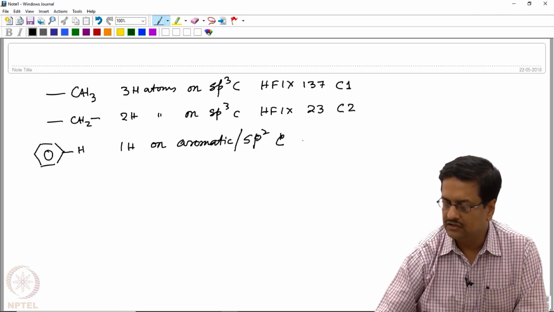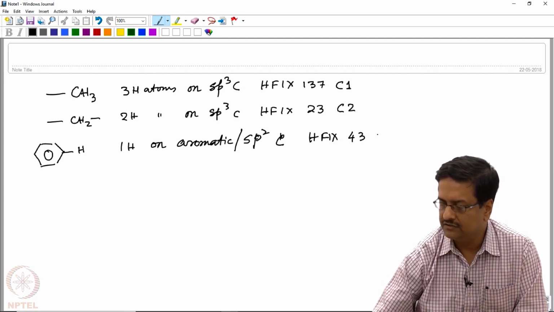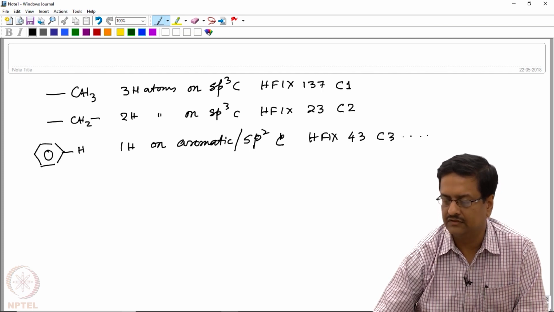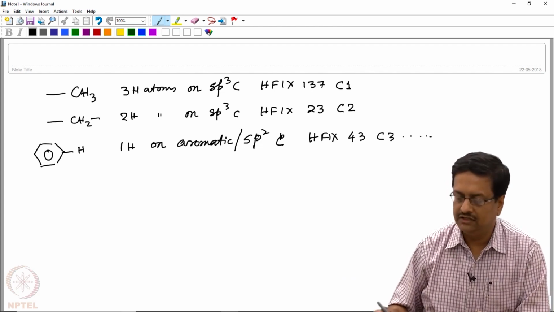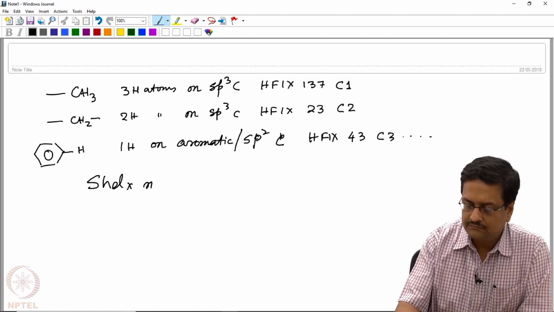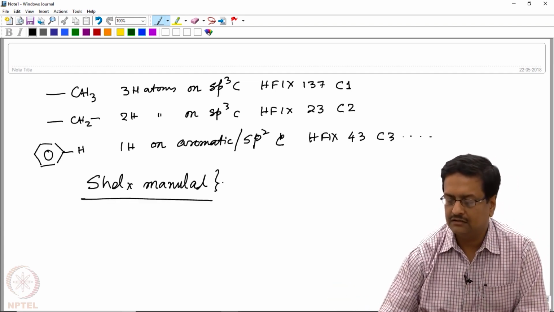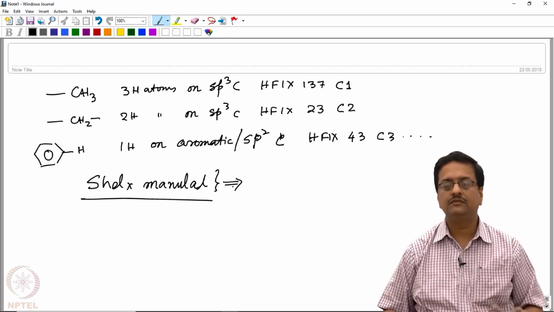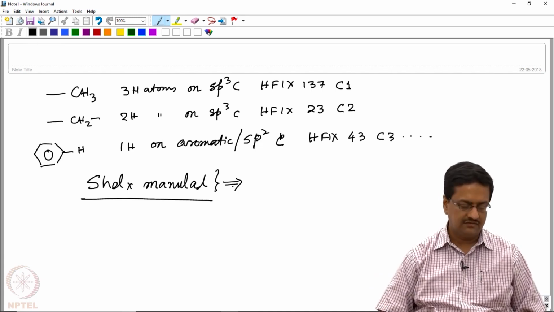The command is HFIX 43 C3 or whatever. These are available in the SHELX manual. This part you should see from the SHELX manual and try to understand yourself how these numbers are allotted.